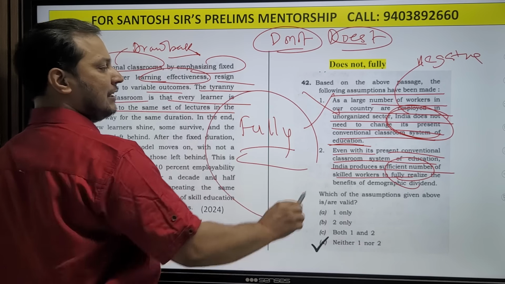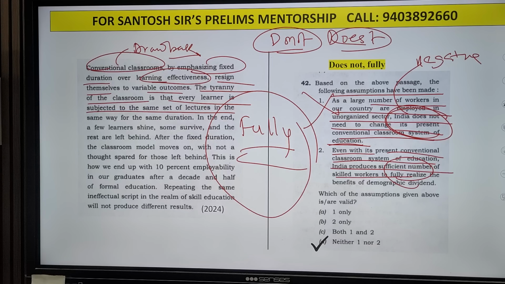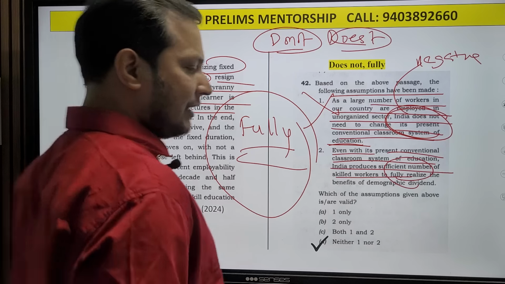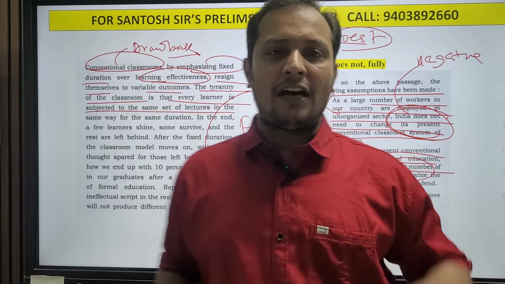Till now, guys, everyone in the comment box, which are the extreme words we have found out? Please write down in the comment box. Let me see how many of you are able to remember. First one was solely. Second one was entirely. Third one is fully. Then completely.